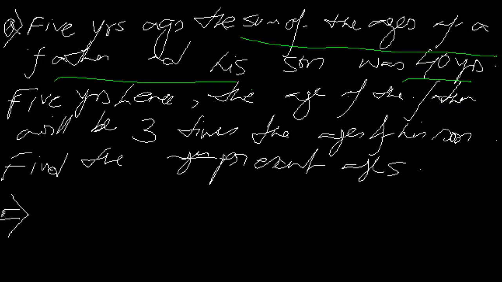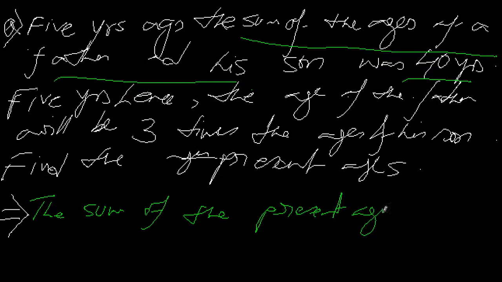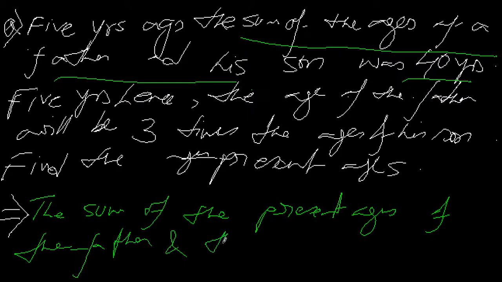Okay, so let me write that: the sum of the present ages of the father and the son is 40 plus 5 plus 5.